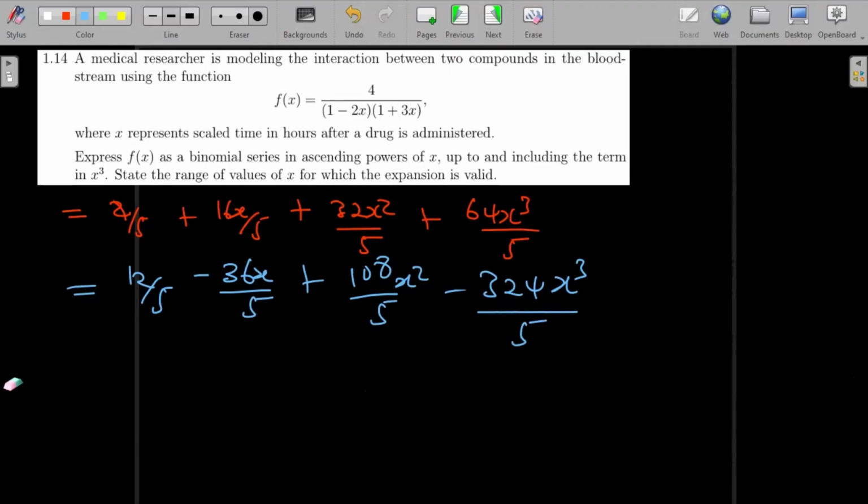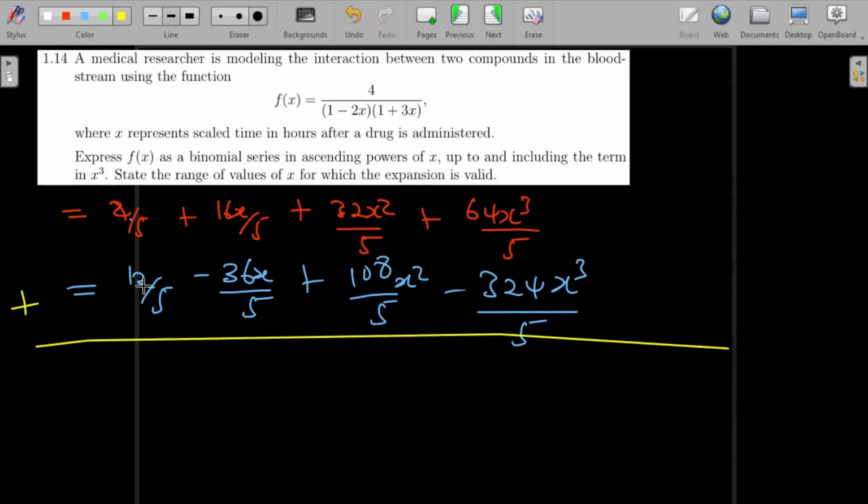Once we've done the expansion, we can just add these two together to come up with whatever expression we want. So this one plus this one will be 20/5.